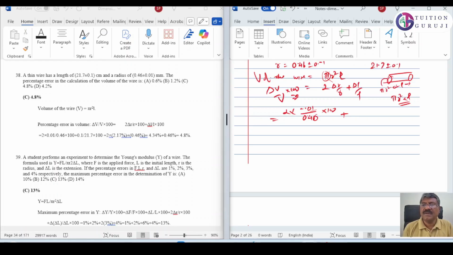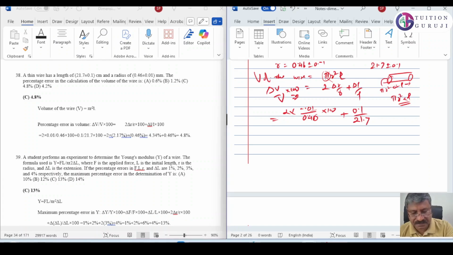Therefore, 0.1 by 21.7 into 100. So you will get 2 into 2.17% plus 0.46%, which will give 4.8%.